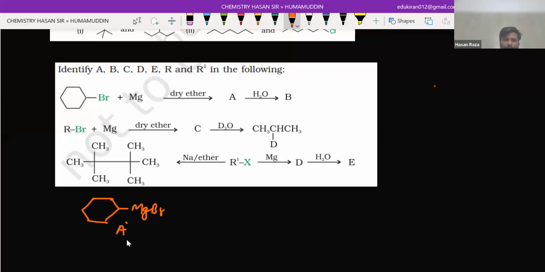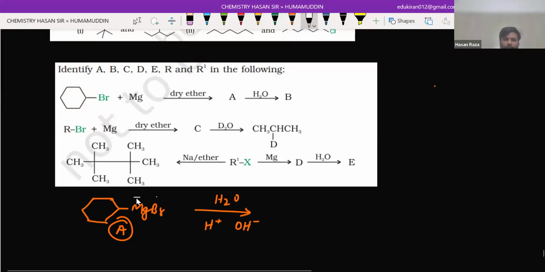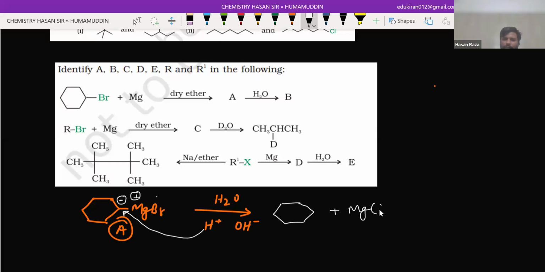This is your A. After this, if you are going to react this with H2O, H2O has two parts, H plus and OH minus. This is positive and this carbon is negative. So this H plus will directly go here and it becomes cyclohexane and the byproduct is your MgOHBr. So this is your B.